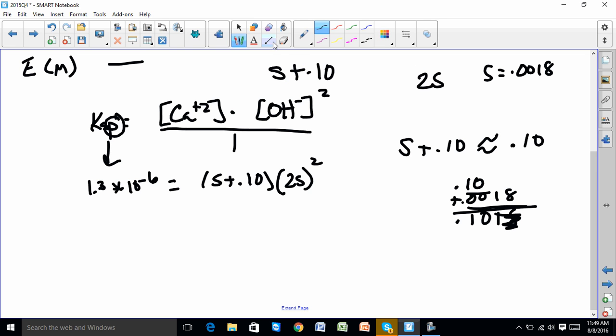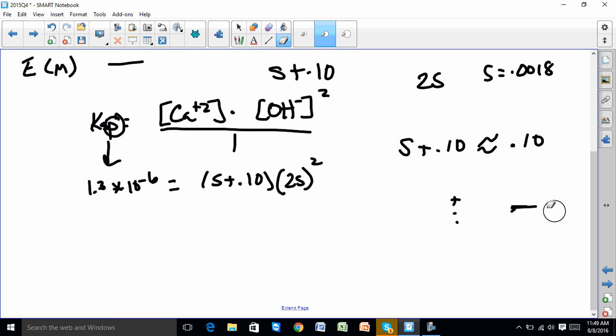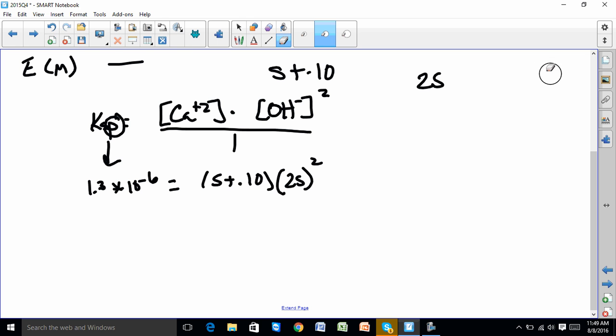The beauty of the graphing calculator is you don't have to understand this, because this is what makes this stuff difficult. You have a solver function on your calculator, and you don't have to understand when you can make the approximation and when you can't. Let's just do some advanced algebra.